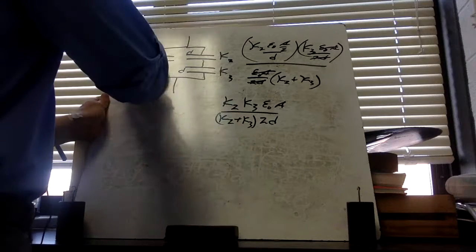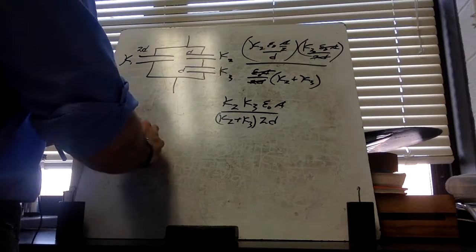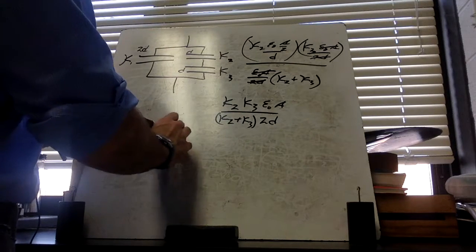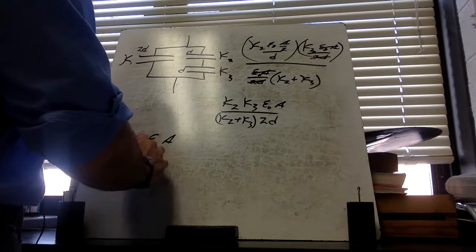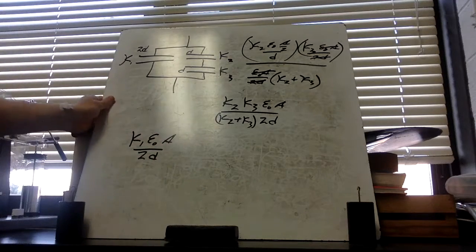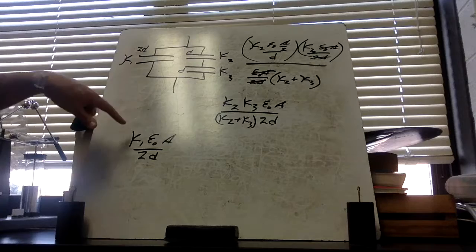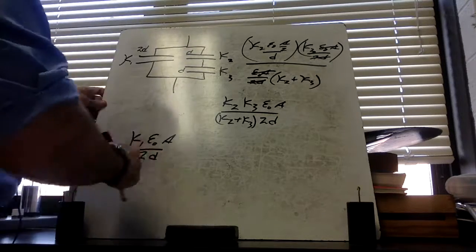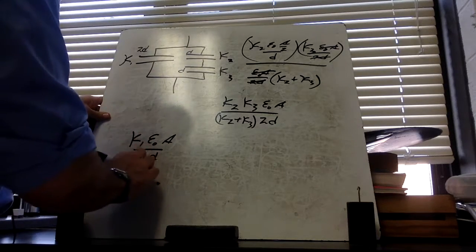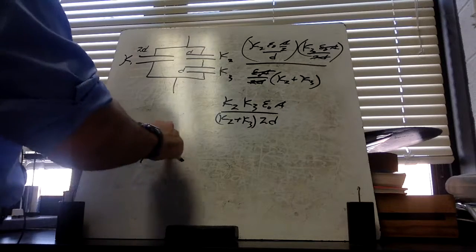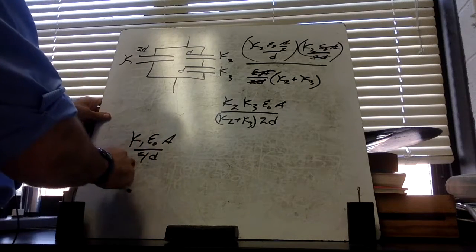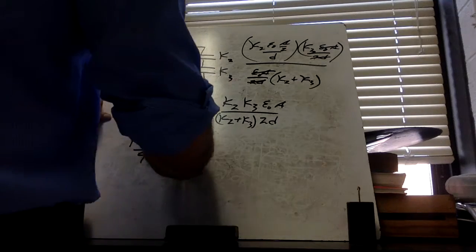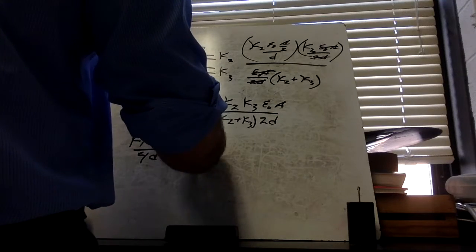Now I'm adding this with this. So what's this one? This one is kappa 1 epsilon naught A over 2D. Again, right? It's A over 2. Oh, but this is distance 2D, so this is going to be 4 down here. A over 2, and then the 2, if I bring that to the bottom, 2D. So I'm adding this and this one.